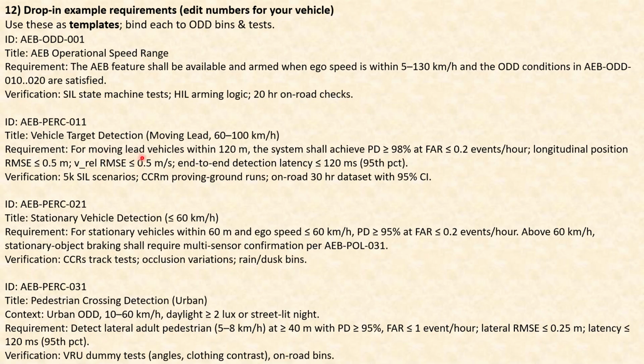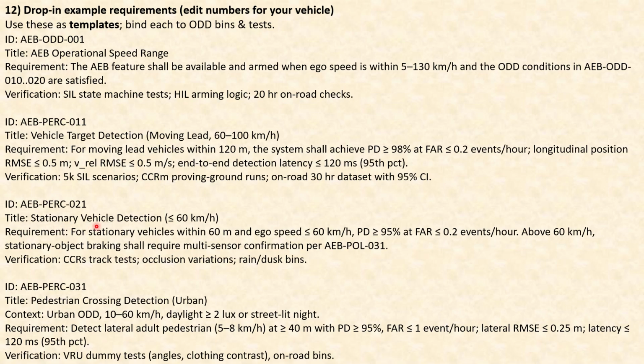The requirement is for moving lead vehicles within 120 meters, the system shall achieve probability of detection greater than 98% and a false activation rate of less than 0.2 events per hour, longitudinal position RMSE less than 0.5 meter, relative velocity RMSE less than 0.5 meter per second, and end-to-end detection latency. Again, to trace the verification: SIL, 5K SIL scenarios, CCRM proving ground runs, on-road 30-hour data set with 95% CI.